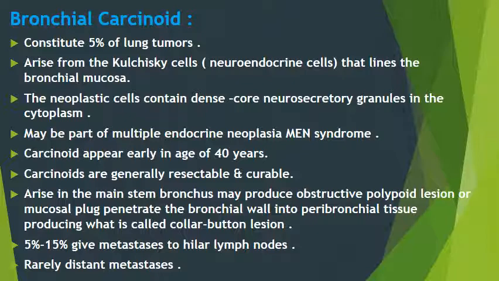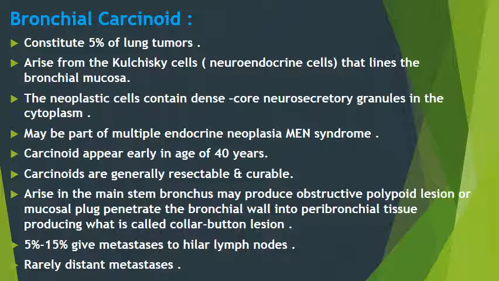The characteristic feature of the neoplastic cell is dense core neurosecretory granules in the cytoplasm. This is the characteristic feature of neuroendocrine tumors in general, including small cell carcinoma, if you remember. It also arises from them, but this is the malignant extreme, small cell carcinoma.